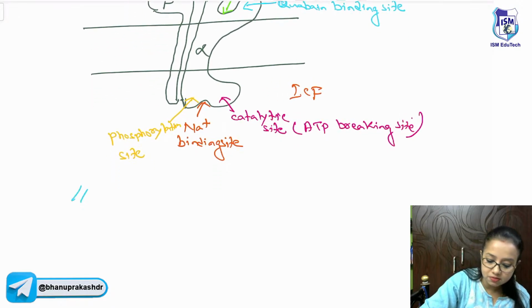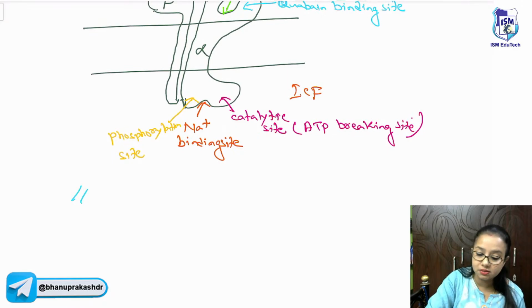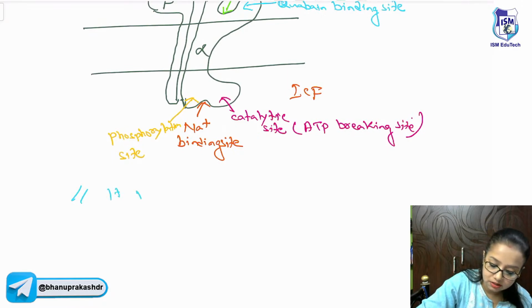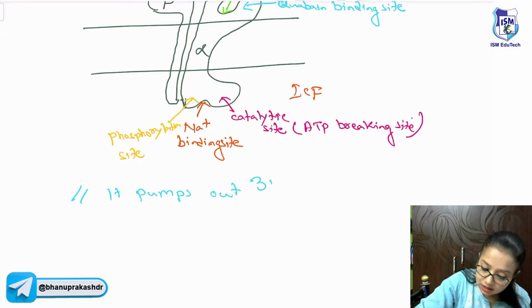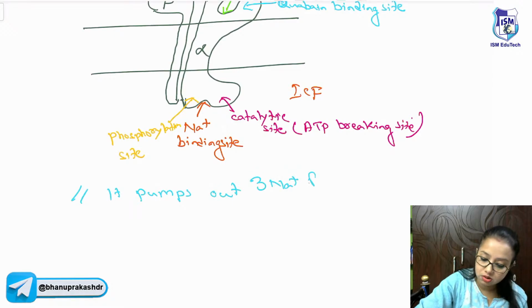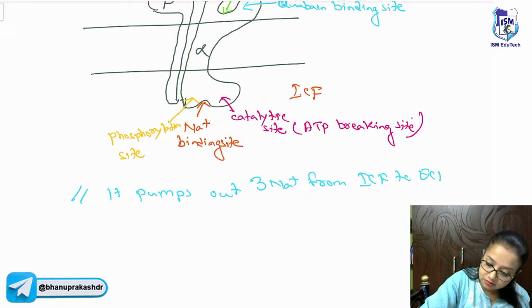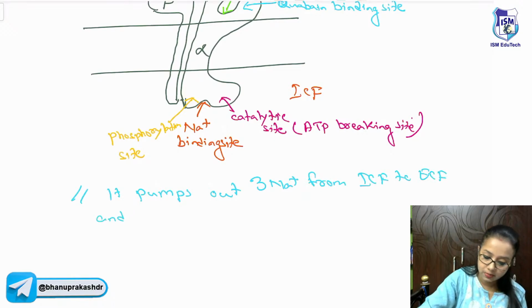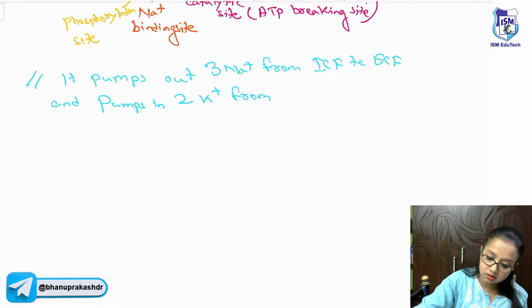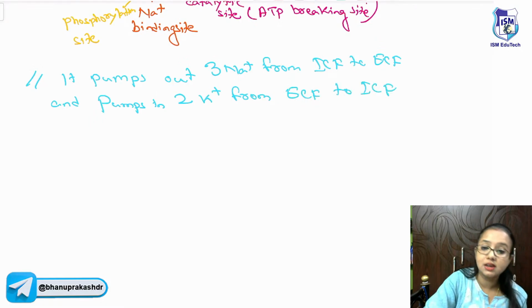So the main function of the sodium potassium pump is to pump out 3 sodium molecules from ICF to ECF and pump in 2 potassium molecules from ECF to ICF.